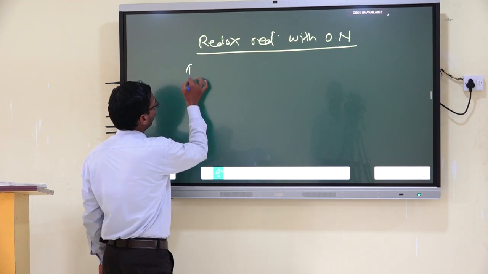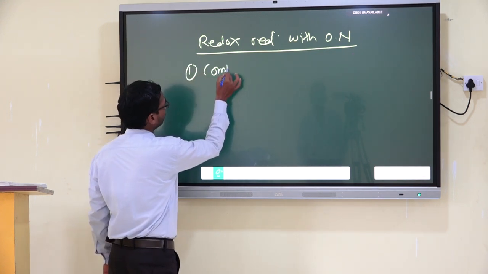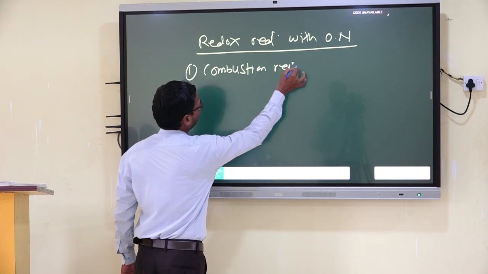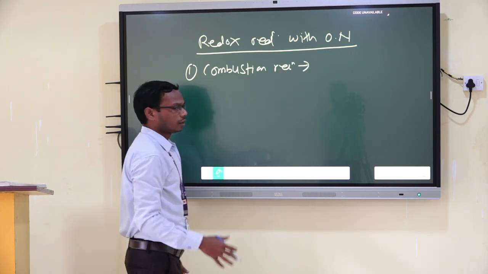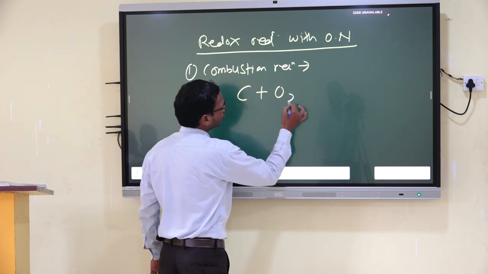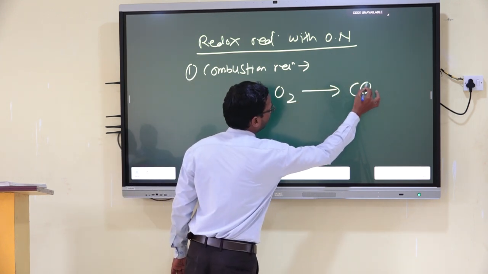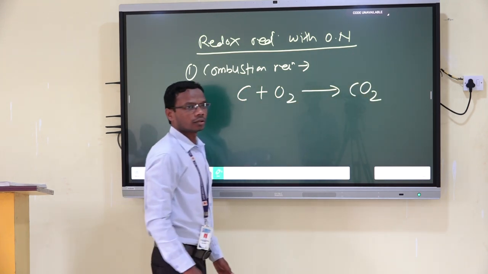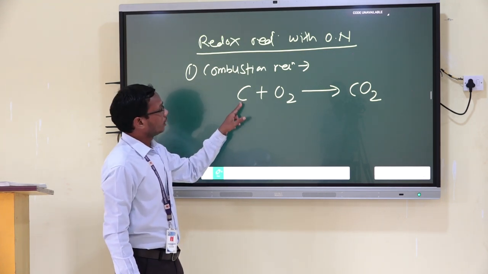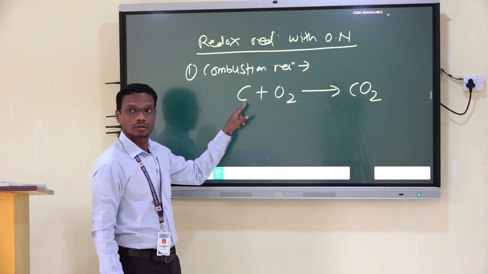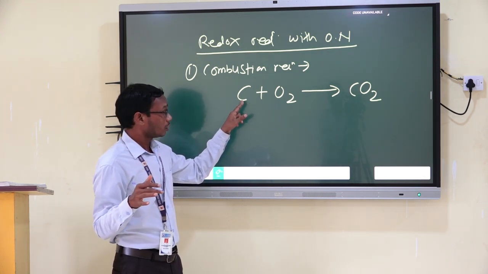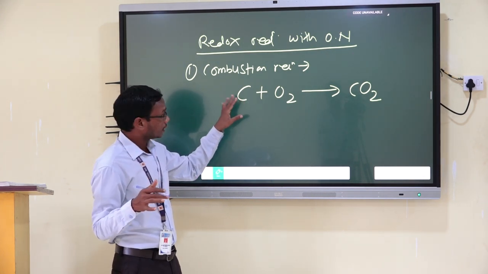First one is combustion reaction. Normally, carbon bonds with oxygen to form carbon dioxide. Yes or no? In this reaction, what is the oxidation number of carbon? Try to say.